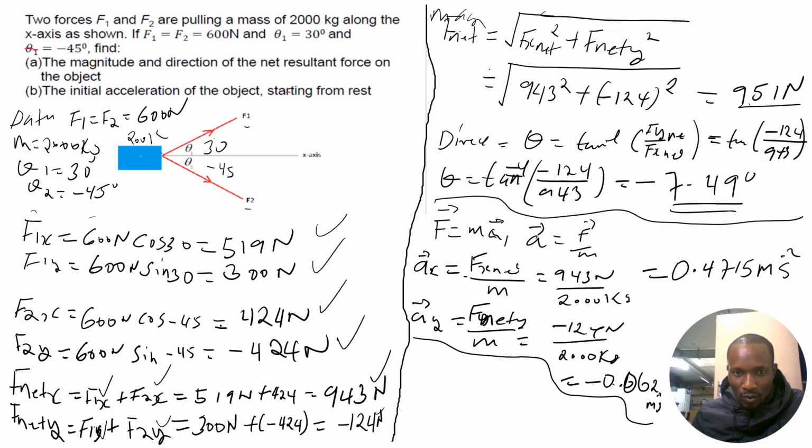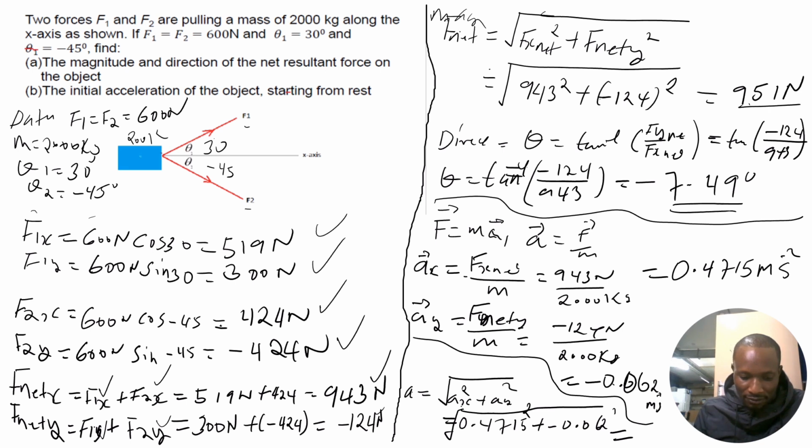So magnitude of acceleration will be the square root of acceleration in the x component squared plus acceleration in the y component squared, and in the x component it is 0.4715 squared plus minus 0.062 squared, everything under the square root, and that's gonna give us a value of 0.476 meters per second squared.